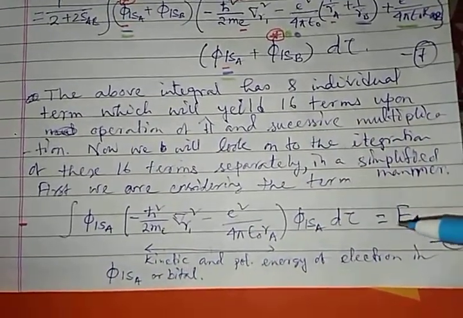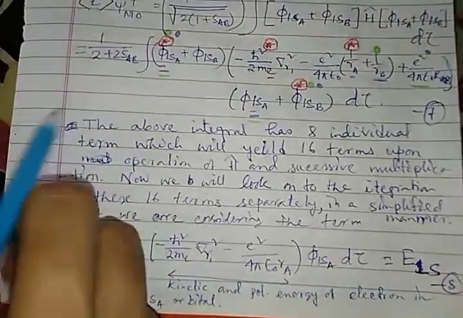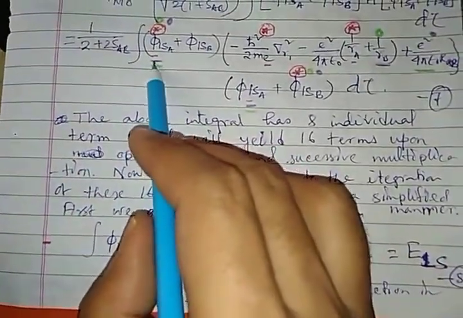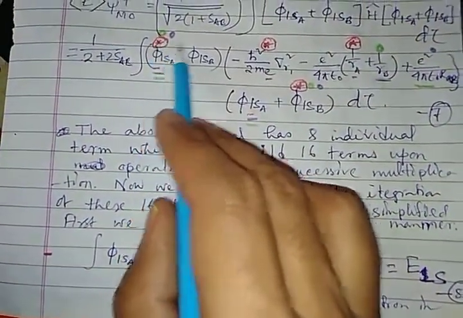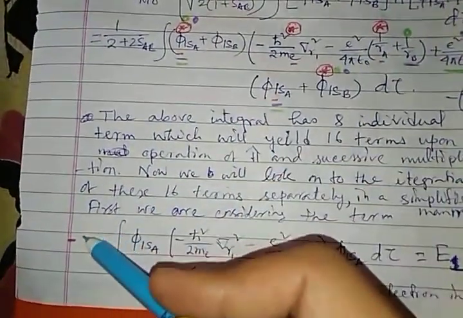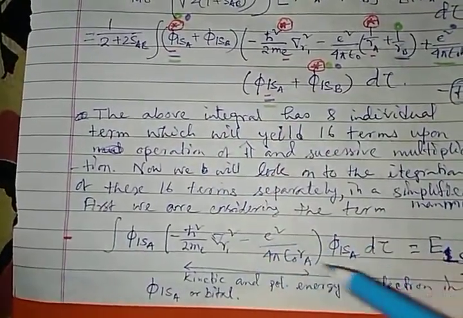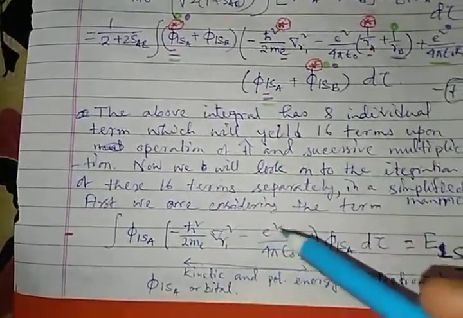So we can write this energy as E1s. Whatever colored lines or color symbols are presented here, that implies these elements are taken into consideration to construct this integral.